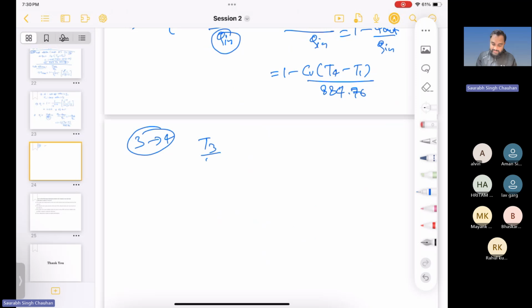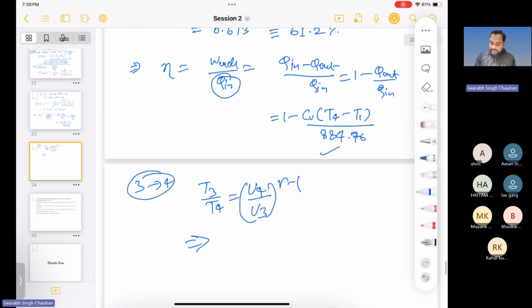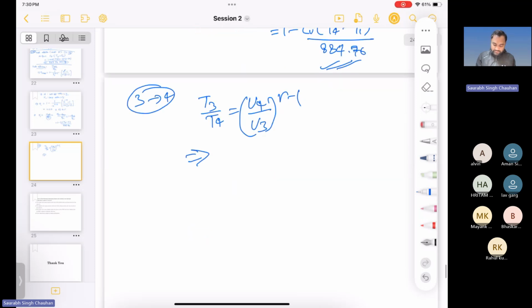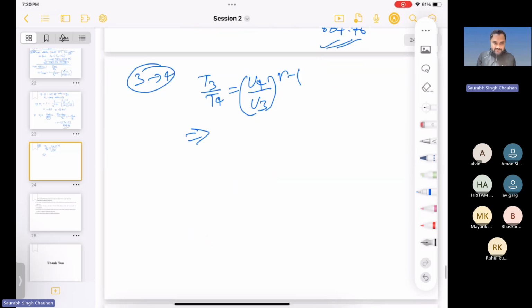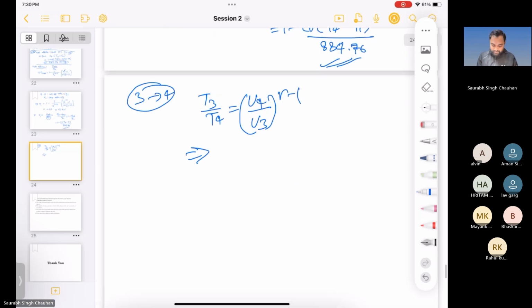T3 by T4 will be equal to V4 by V3 to the power gamma minus 1. Like that you can calculate T4, substitute it in this expression, and you should get the same answer, or at least within 1 or 2 percent, less or more.